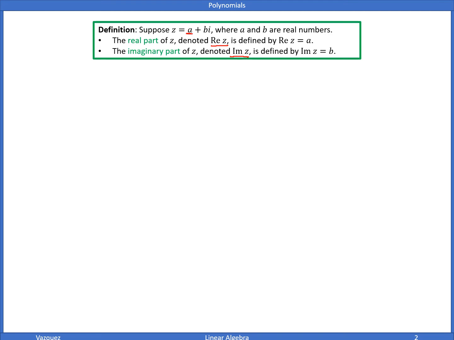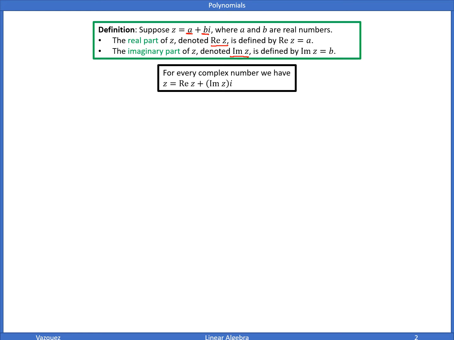So a here is Re z, the real part of z, and the b over here is the imaginary part of z. So for every complex number, z is equal to the real part of z plus the imaginary part of z times i.